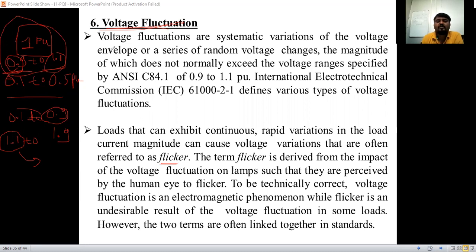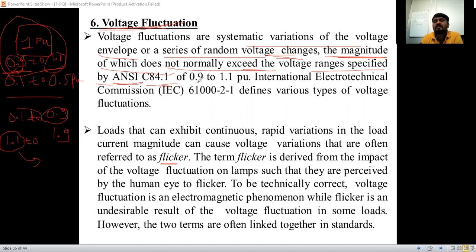So voltage fluctuations are systematic variations of the voltage envelope or a series of random voltage changes, whose magnitude does not normally exceed the voltage range specified by the American National Standards Institute, ANSI standard C84.1.